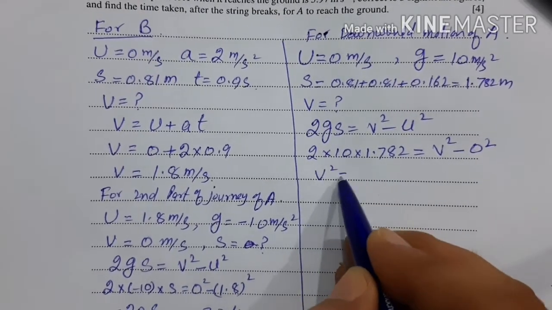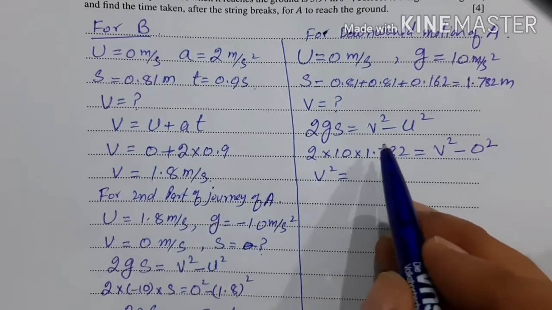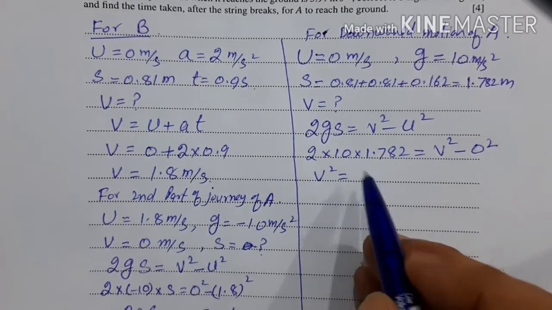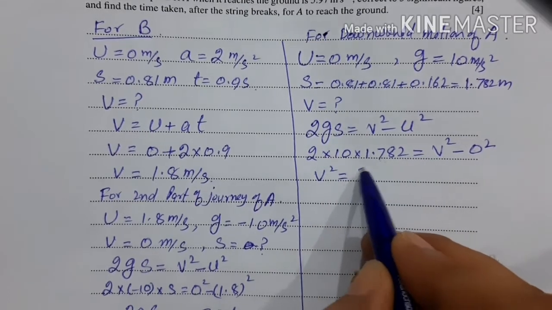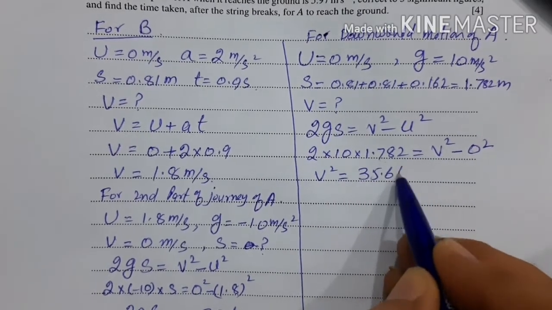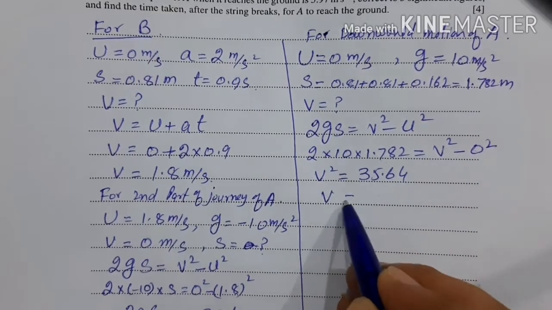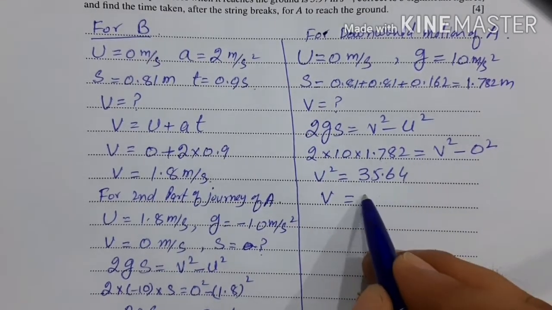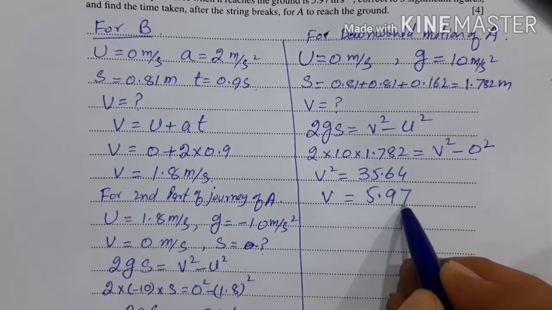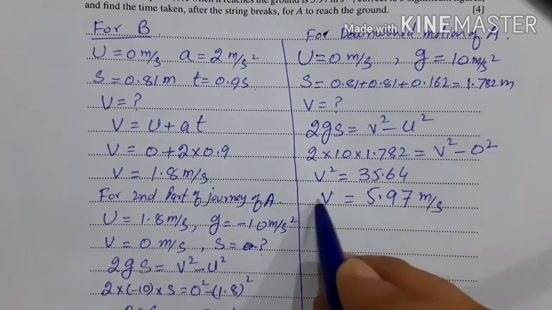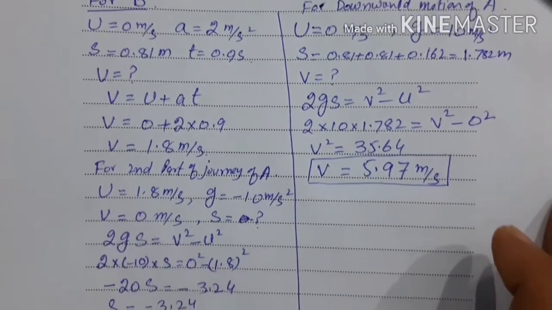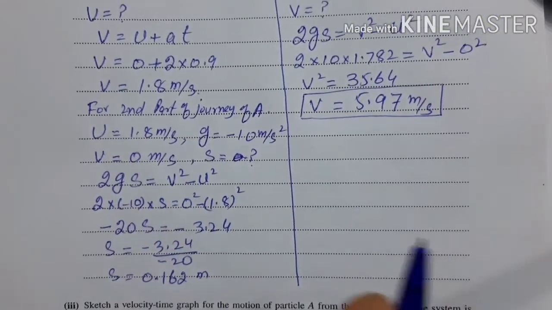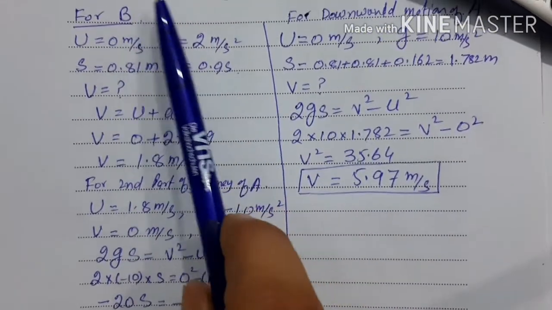So v squared is equal to 35.64, and by taking the square root, v will be 5.97 meters per second. So this is the velocity of the particle A before hitting the ground. So we need to find the second thing.